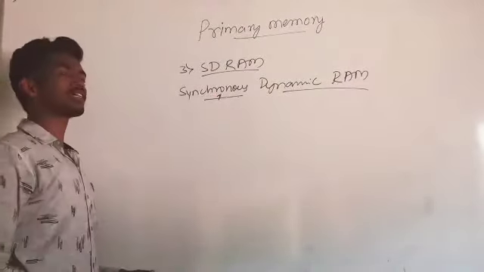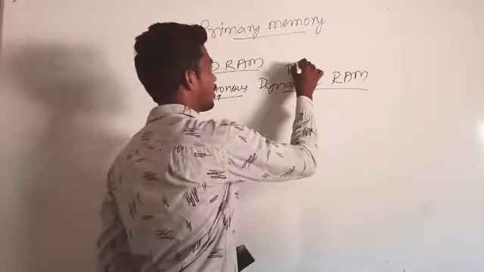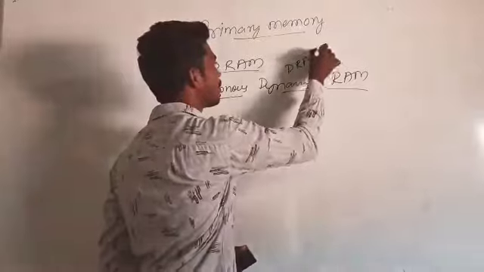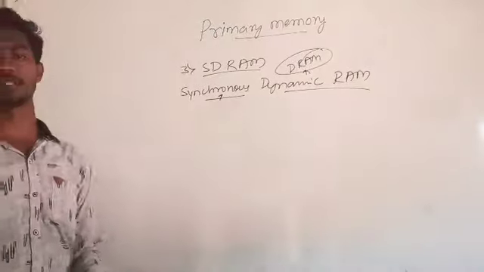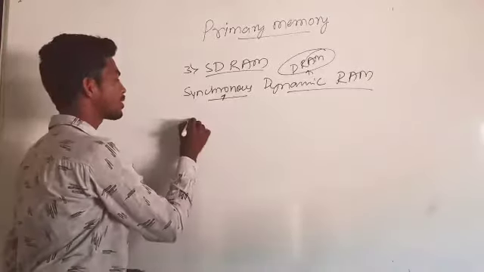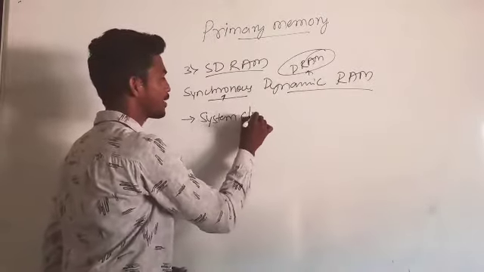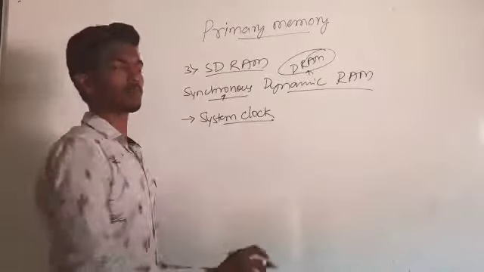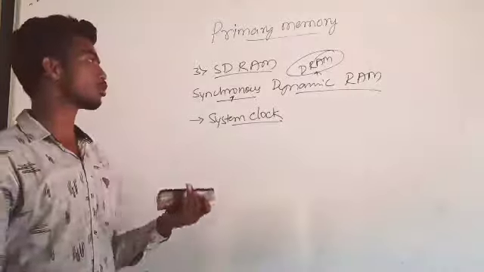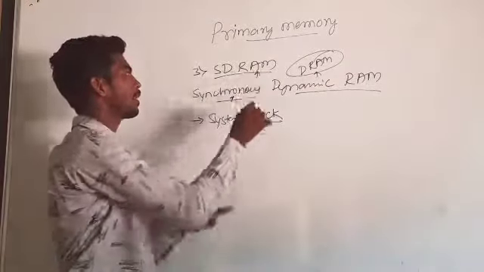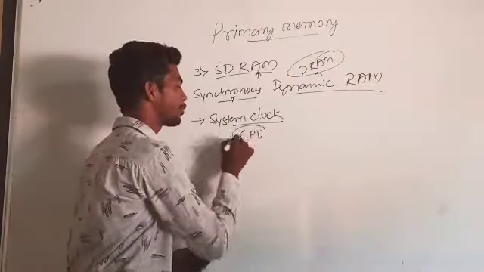This synchronous dynamic RAM is the same as a DRAM, but the only difference between a DRAM and synchronous dynamic RAM is that it is synchronous with the system clock. It means the CPU will always be synchronized with the RAM, where SDRAM is synchronized directly with the CPU.